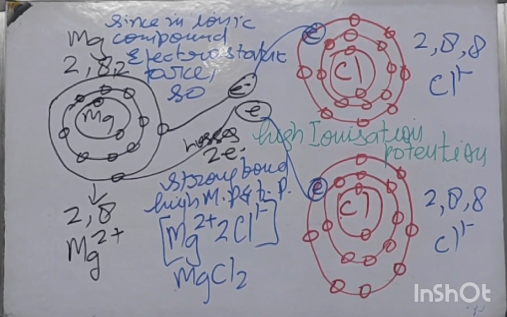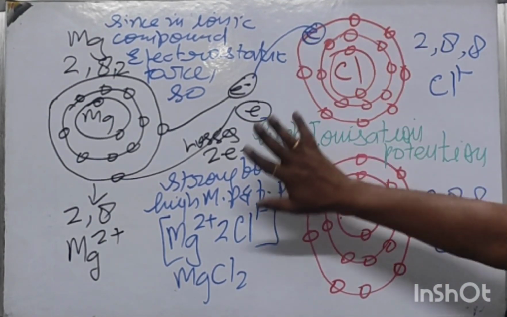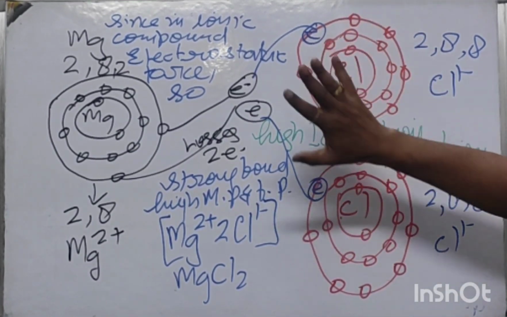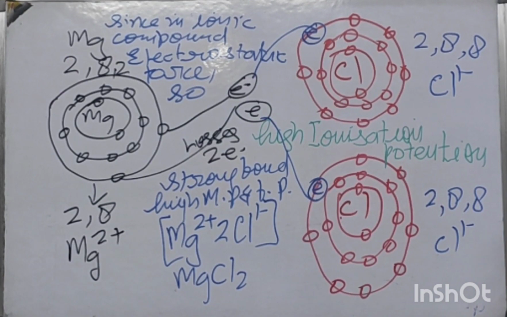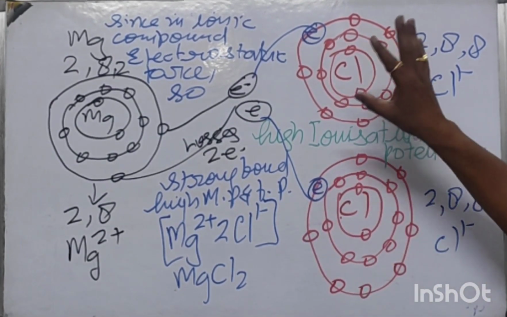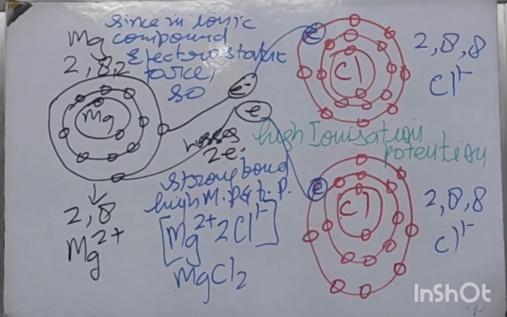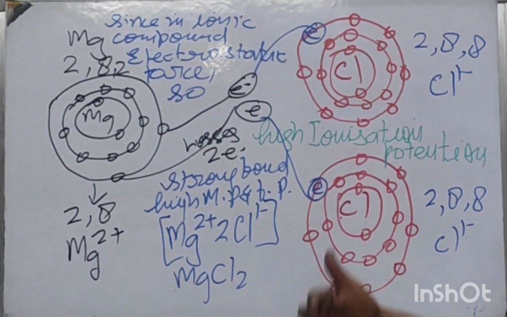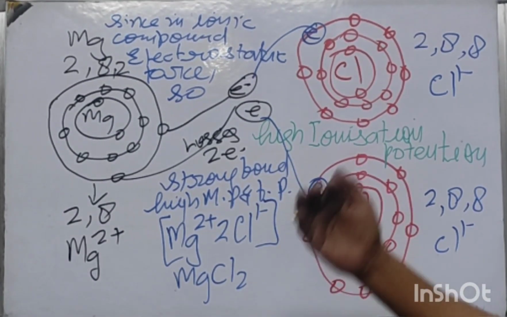What I said is, in normal condition they have high ionization potential. But if you make their aqueous solution, they change into ions. When they change into ions, they need less ionization. In aqueous solution, they need low ionization potential.